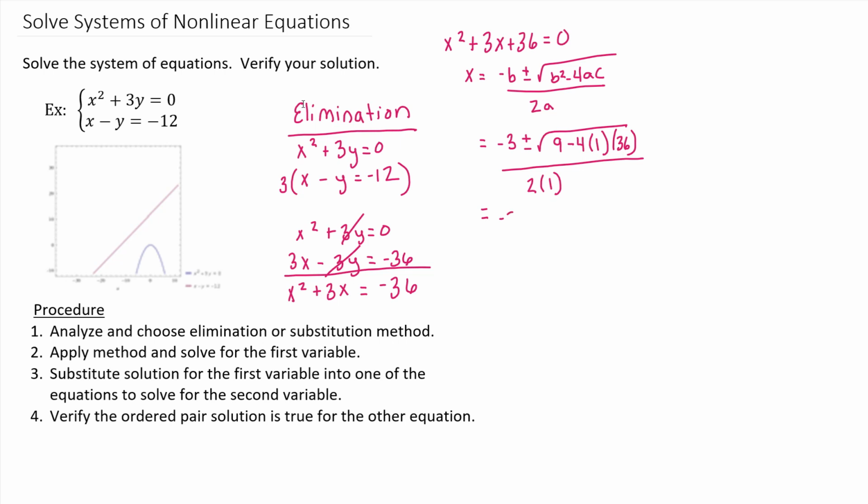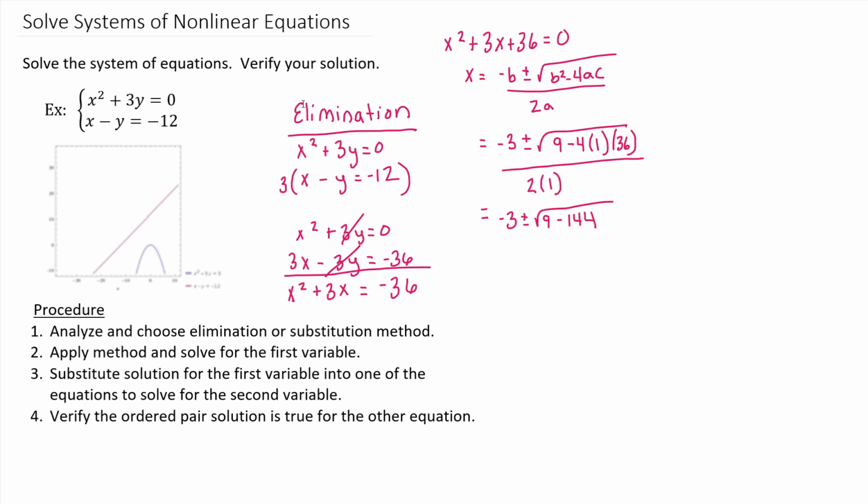That gives me negative 3 plus or minus the square root of 9, and then 36 times 1 is 36, times 4 is 144, and that says minus, so it's going to be negative.